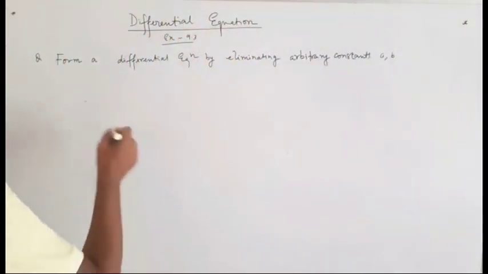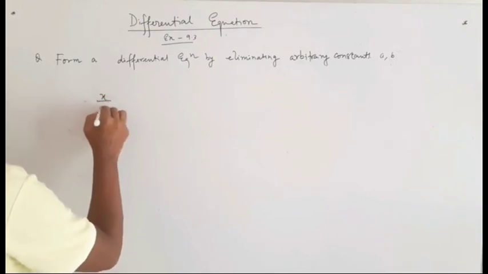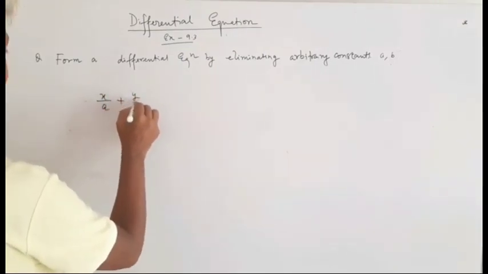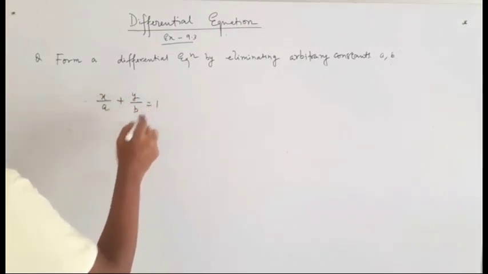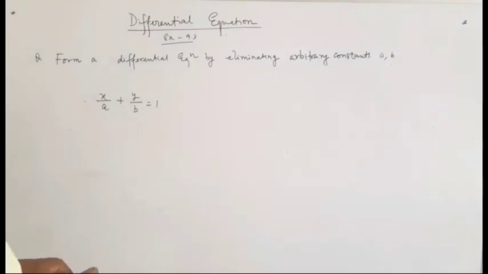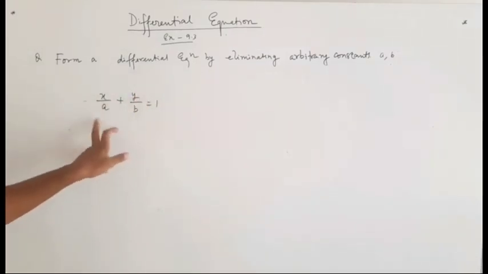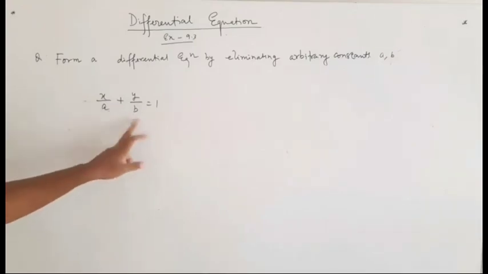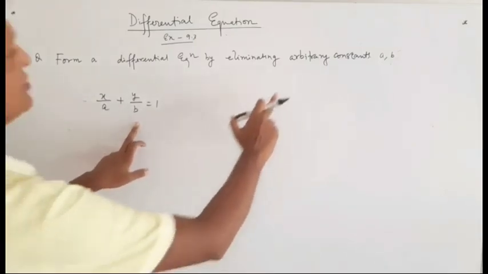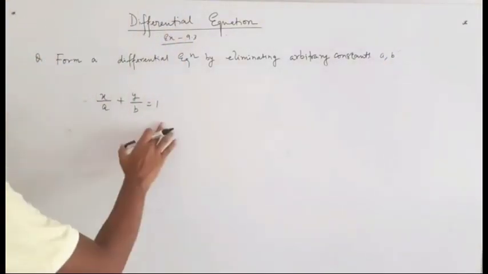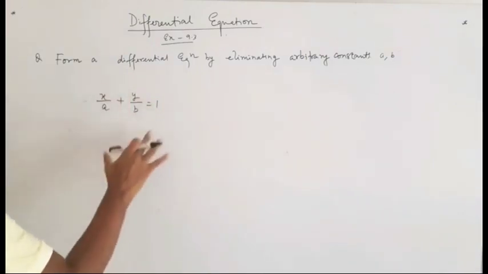The first question is that the equation is x over a plus y over b is 1, and we have to find the differential equation by removing these parameters, or these arbitrary constants, a and b. So how do we do that? First we have to differentiate it.